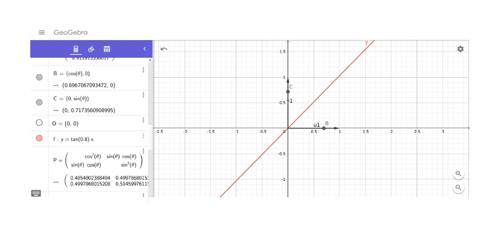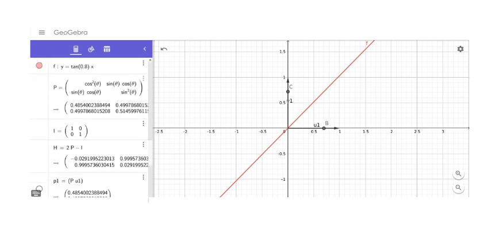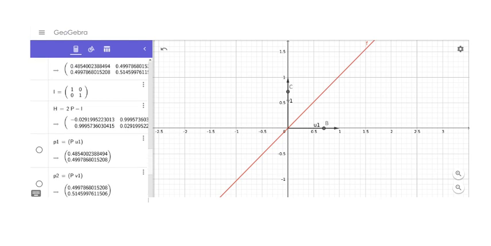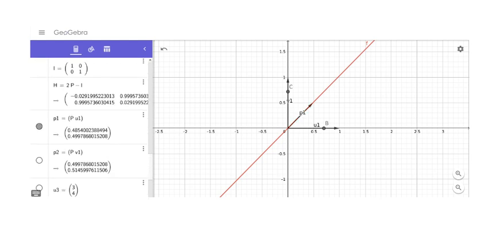So m is the slope, so slope is tan theta, so tan theta x, that is what I have given. Now I am projecting a vector, see here.